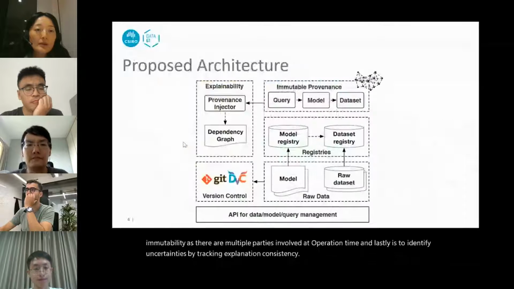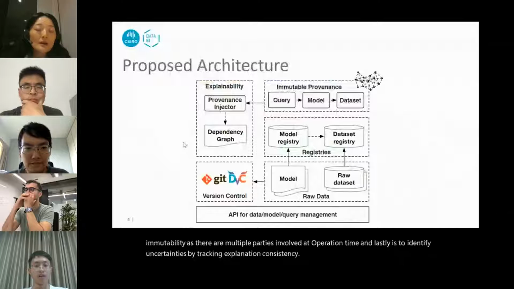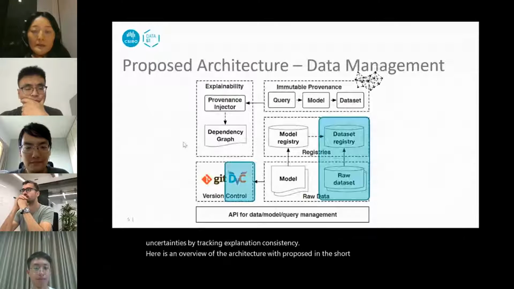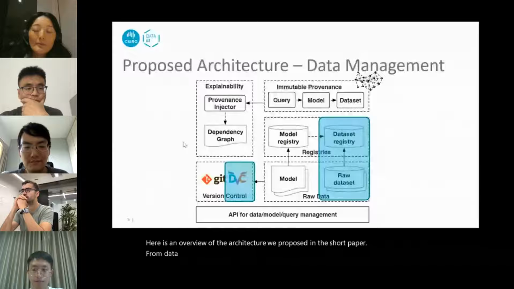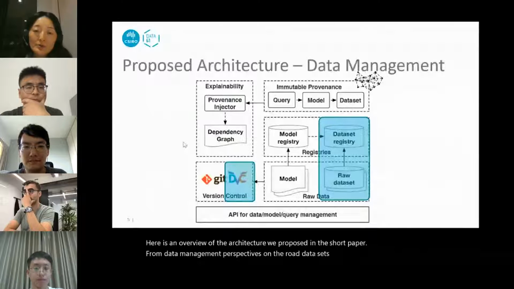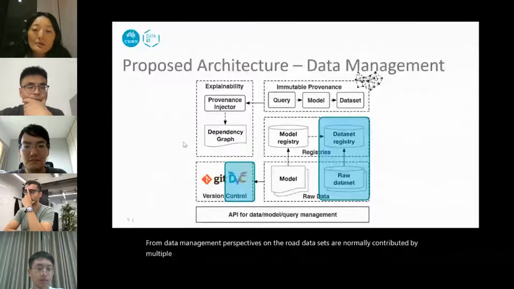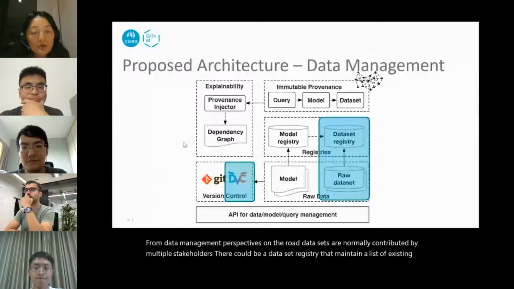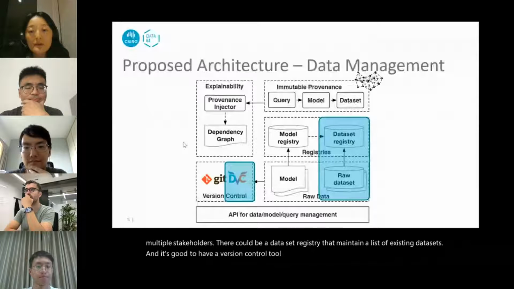Here is the overview of the architecture we proposed in the short paper. From data management perspectives, the raw datasets are normally contributed by multiple stakeholders. There could be a dataset registry that maintains a list of existing datasets. And it's good to have a version control tool to track the evolution of the datasets.